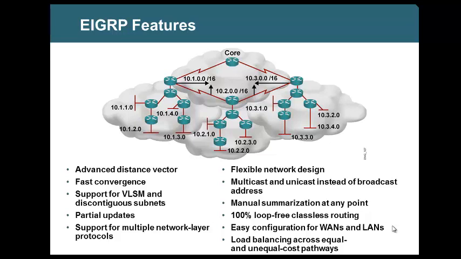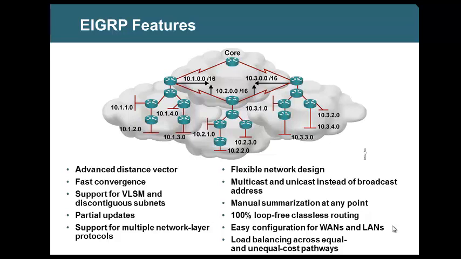We also learned that EIGRP can be used with IPX and AppleTalk, like we use today with IPv4 and IPv6. So it has got a different module for each network layer protocol. IP is one module.